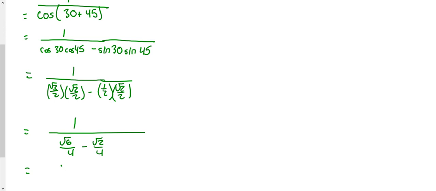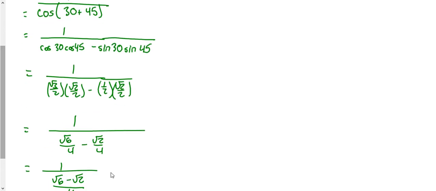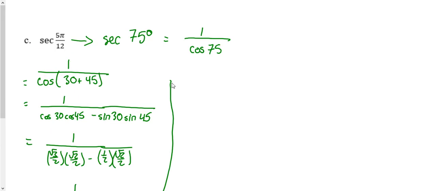So this is the same thing as 1 divided by root 6 minus root 2, all of that over 4. And from here, I'm just going to continue on with my notes up here. So from here, I'm going to reciprocate. So I have 4 over root 6 minus root 2.